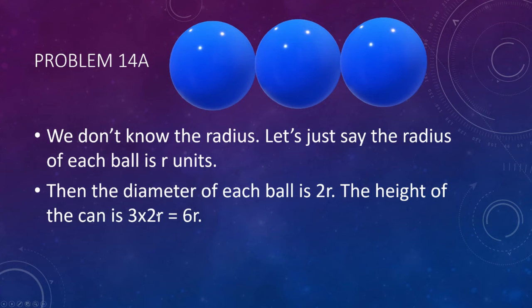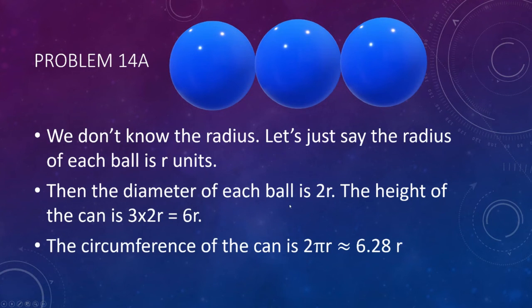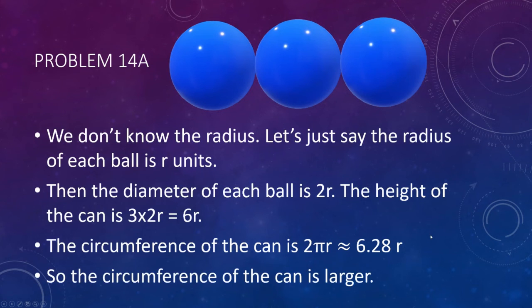So 3 balls, and the distance across each ball is 2r. That tells me the height of the can is 6r. The circumference of a circle is 2 pi r, and that gives me approximately 6.28 times r. So I can see that the circumference is just a little bit bigger than the height of the canister.